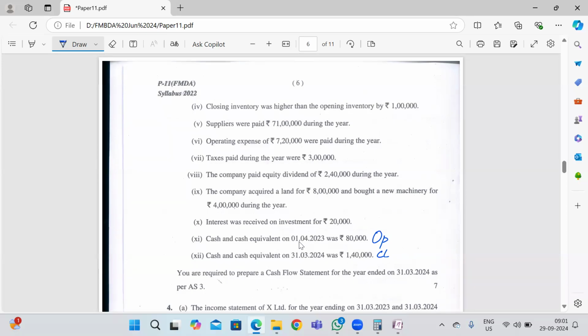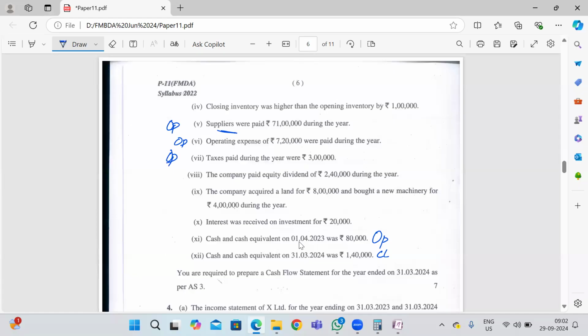Then only can we apply them in this cash flow statement. See, if I am paying suppliers, without this I can't run the business, so this will be covered under operations. Operating expenses, again operations. Taxes paid during the year are paid for my business, so this also will be covered under operations.